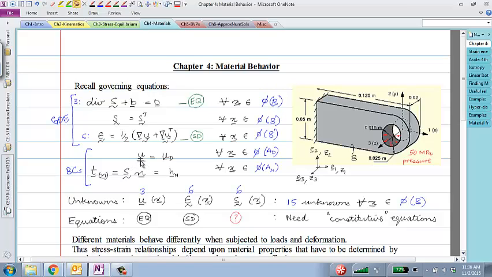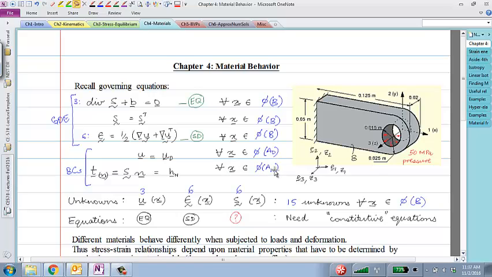I pointed out last time that U is equal to U_D for every point on the portion of the boundary A sub D, which has displacements specified. And the other part of the boundary is where the tractions are specified.